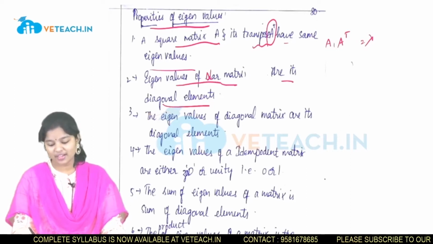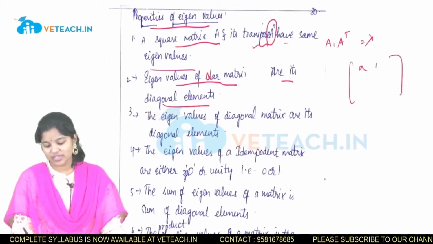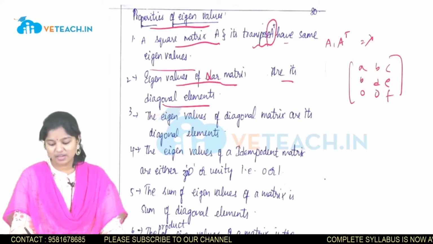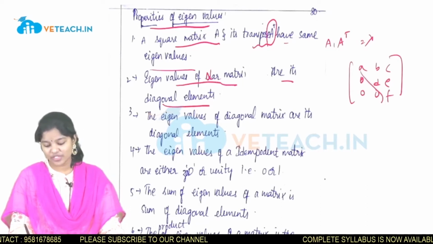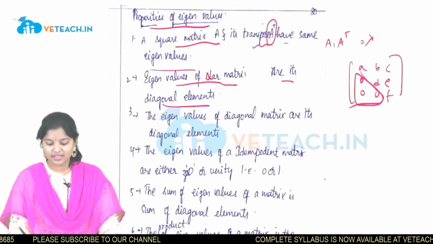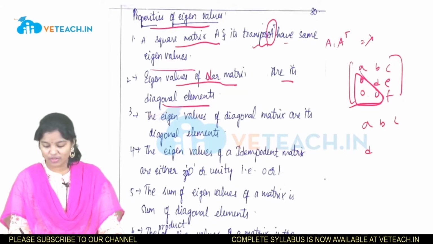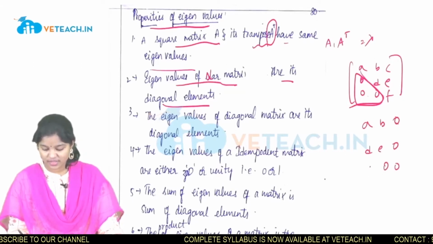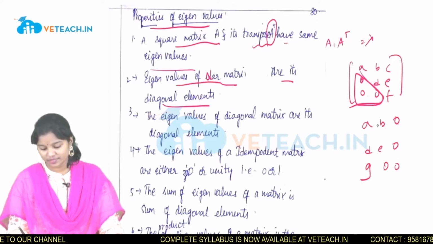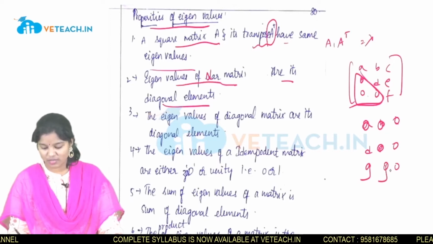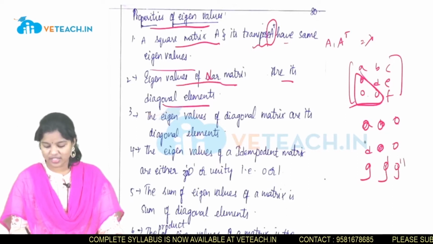What is meant by a triangular matrix? Suppose we have a matrix A, B, C, D, E, F. Here the zeros are in the form of a triangle. This is called a lower triangular matrix. Otherwise, if the zeros are in the form of this, with some G, 0, here also 0, here also 0, some G dash, some G double dash.